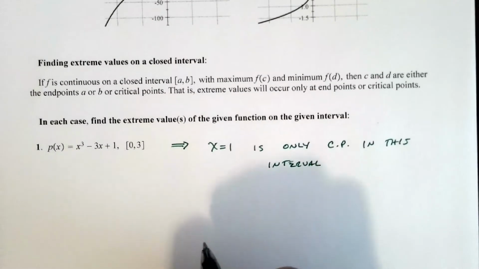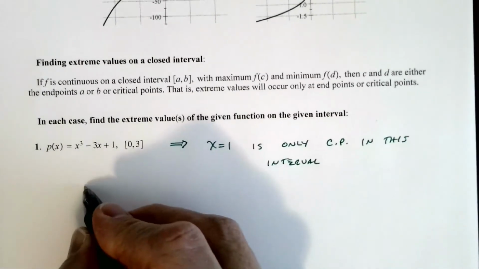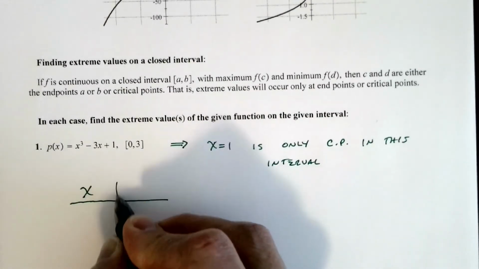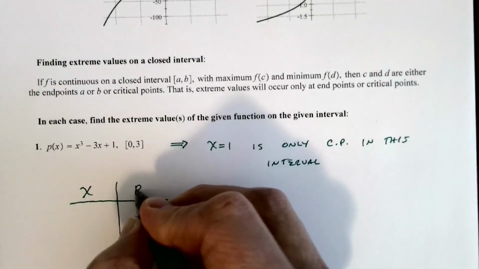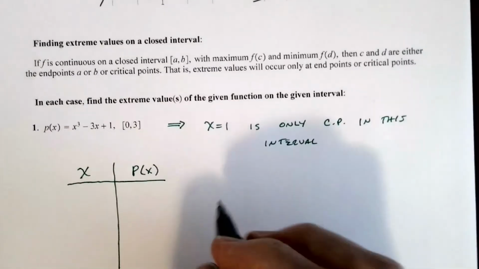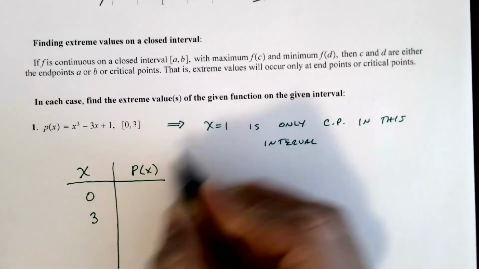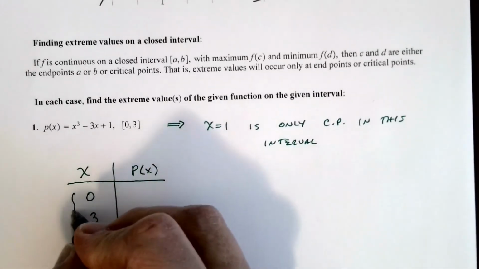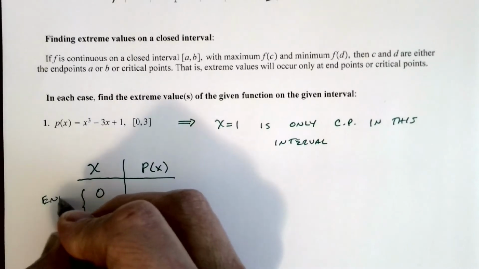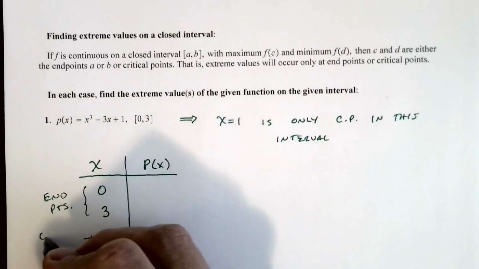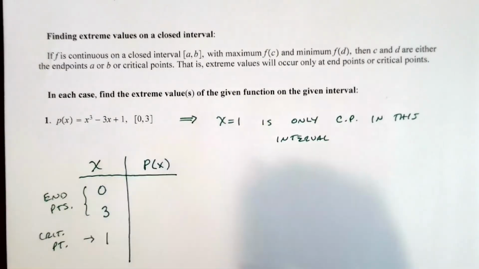Okay, and so all we're going to do is, I like to just do a little table. I'm going to simply check the value of the original function at the endpoints. What are the endpoints? 0 and 3, and at the critical point. So here's my endpoints. And this right here is our critical point.